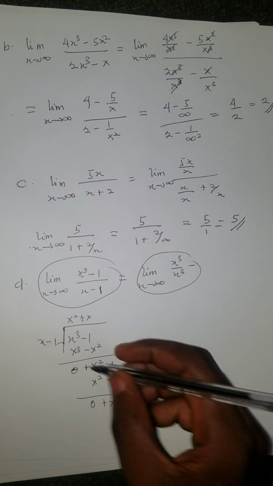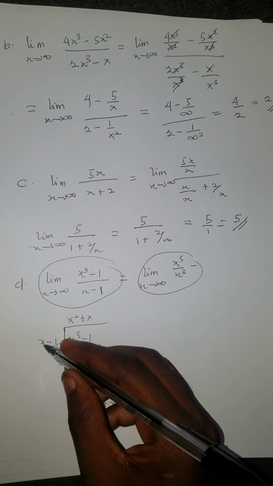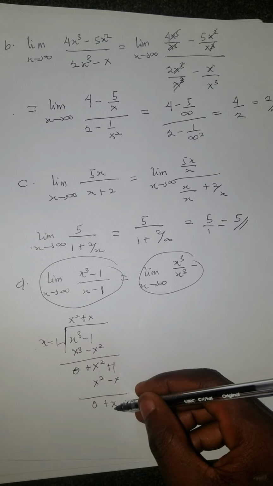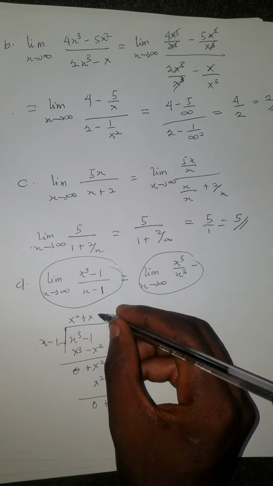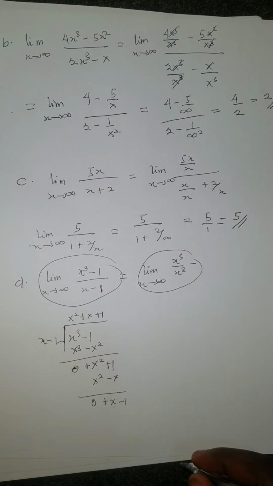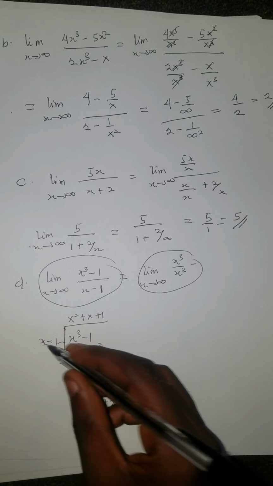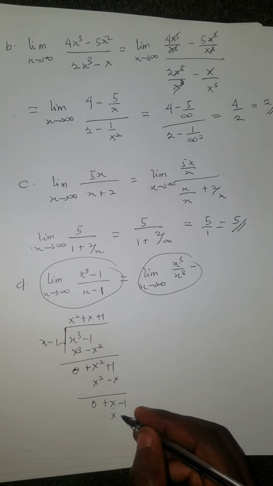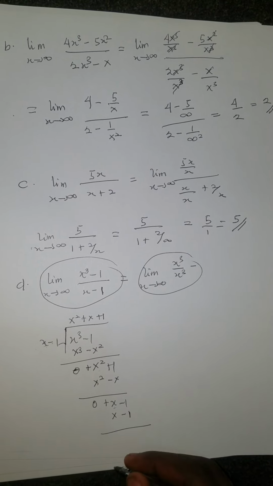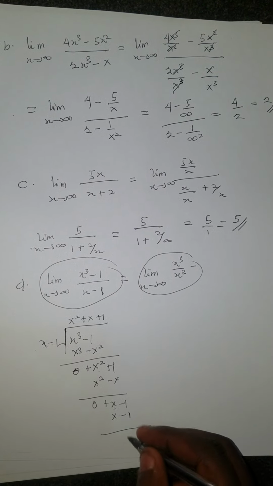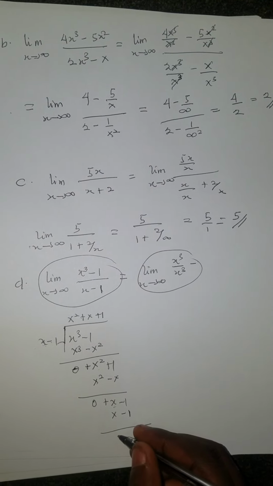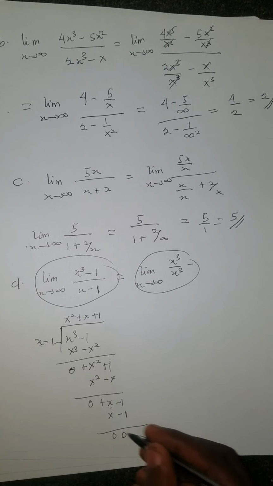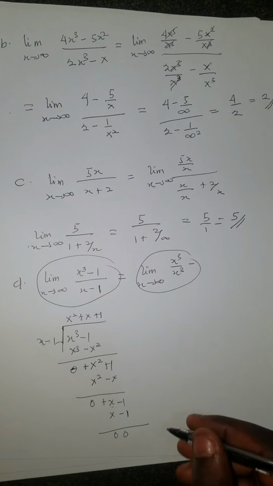So which value will you multiply by x to get x here? It is plus 1. 1 multiplied by x gives x, and 1 multiplied by minus 1 gives minus 1. And so this will be 0 when you do your subtraction.